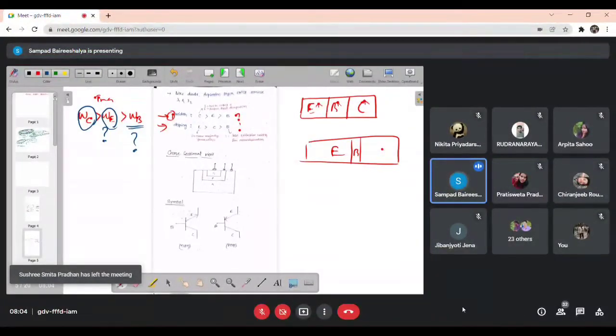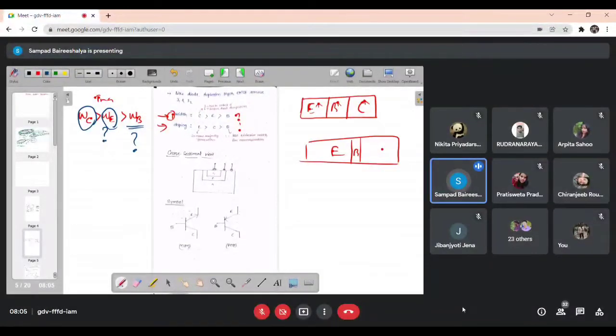Because of that reason, what should be the intention? There should be less recombination. Bank charge will be there, no doubt, but you want a bank where the charge is less. Yes or no? You have to think of a bank where the charges are less. Similarly, your recombination will be less only when the width is less. The more the width, the more time the carrier gets to recombine.